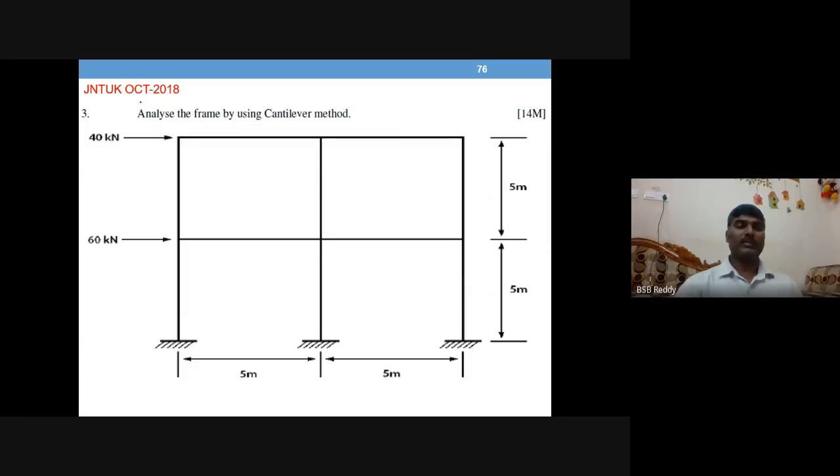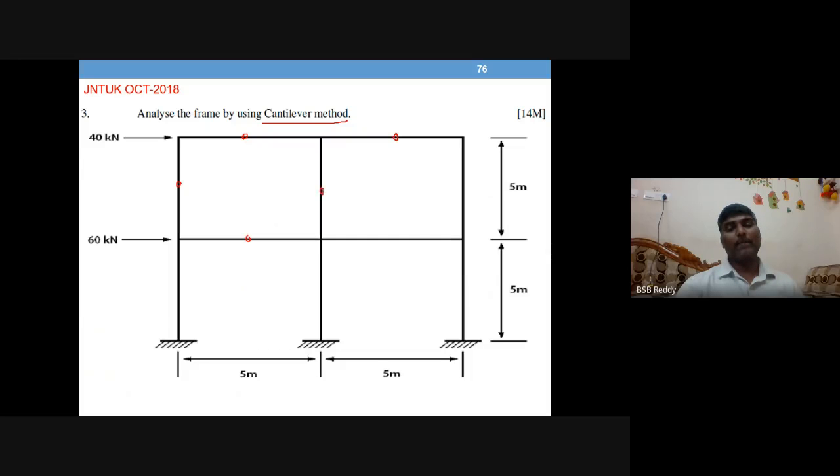Then 18 October has a cantilever method question. Just take this frame and analyze using the cantilever method. In the same way, you have to calculate the CG of columns first, then the two assumptions. The imaginary point of contraflexure occurs at the midpoint of each member.